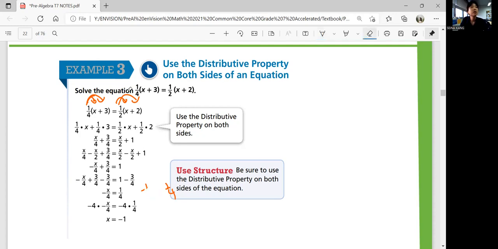It looks like x is in the denominator, but these are the same thing. You multiply by the reciprocal, -4, on both sides, and you get -1. Okay, so be careful with the negatives.